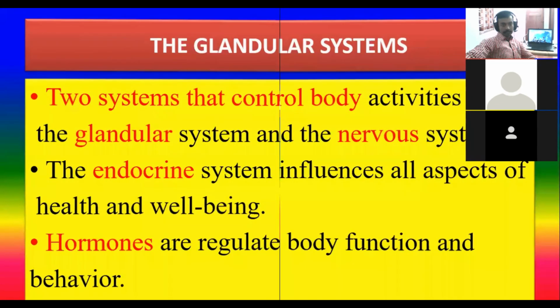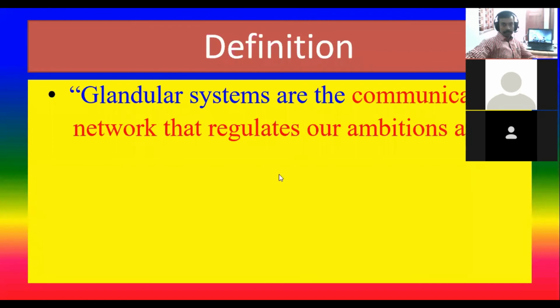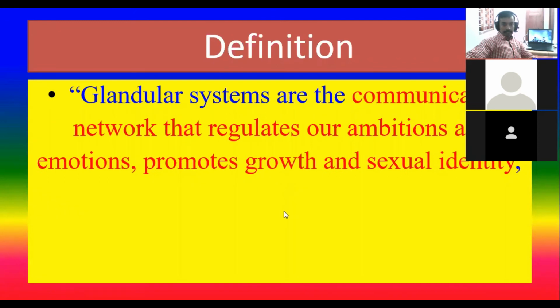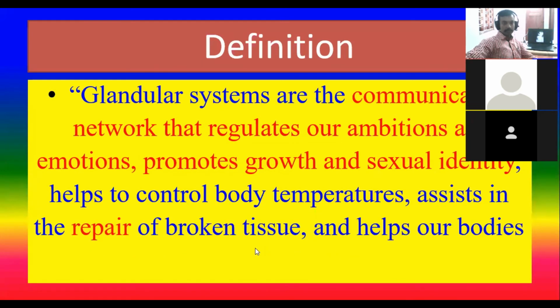Now the detail, starting with the definition. The glandular system is a communication network that regulates our emotions, promotes growth and sexual identity, helps control body temperature, assists repair of broken tissues, helps the body generate energy, etc. So this is the definition of the glandular system.